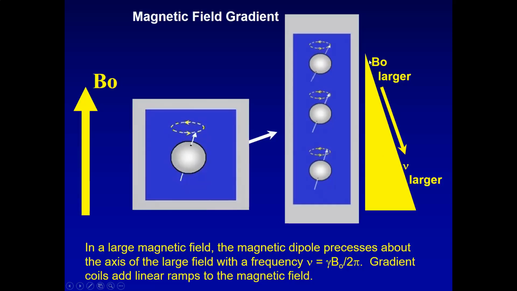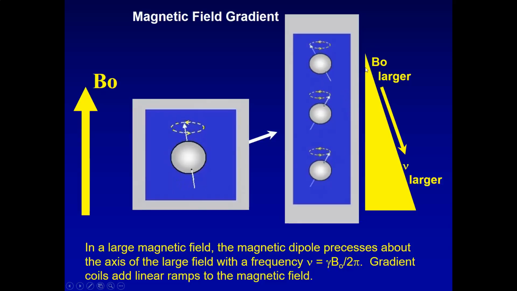The gradient coils are designed to create a linear change in magnetic field strength. So if this frequency relative to the rotating frame is going twice as fast as this frequency, compared to this one, you can tell what the distances are. You can tell that this must have come from the middle, this came from the end, and this came from over here.